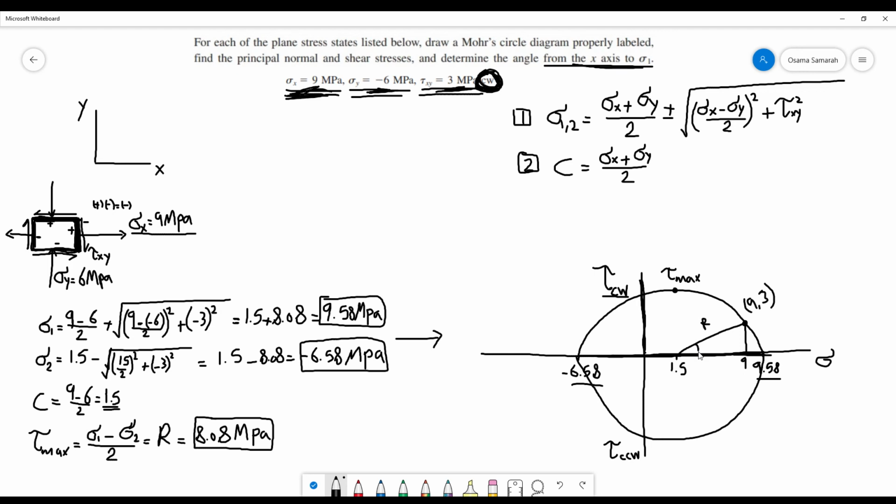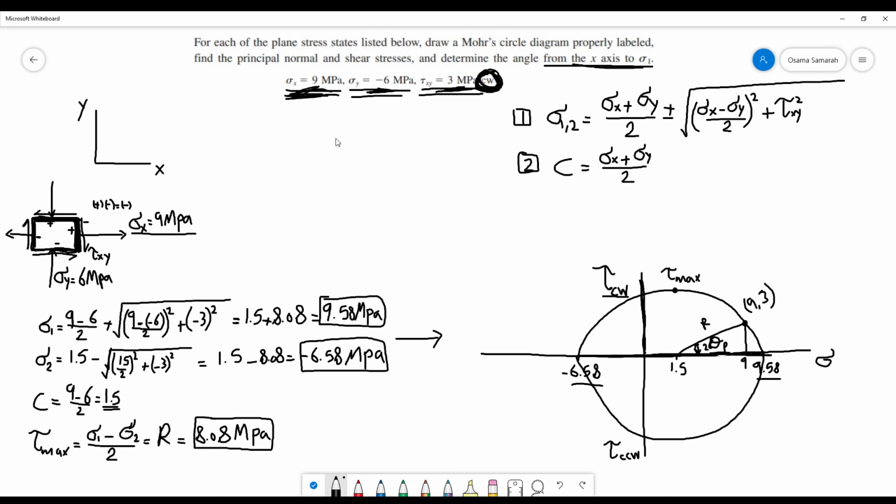So this angle right here, this angle right there, is 2 theta p. And you might be asking, why 2 theta p? Because on Mohr's circle, angles are doubled. So whatever the angle is on Mohr's circle that you calculate, you have to divide by 2 to find the real angle for the stress element.